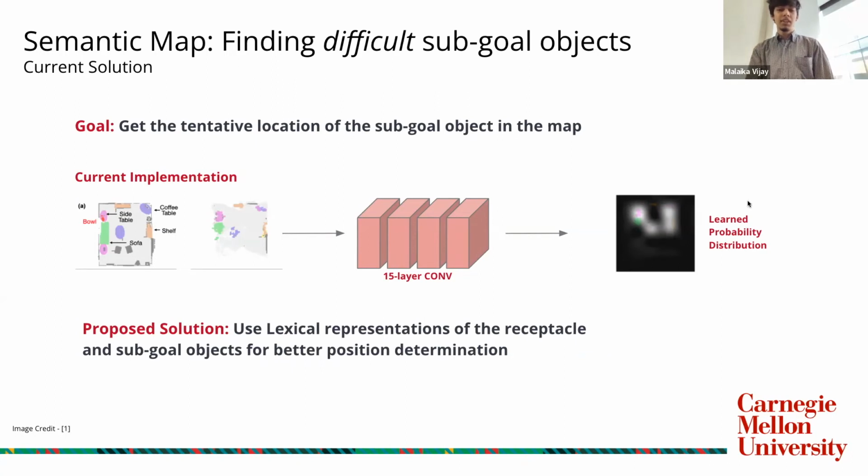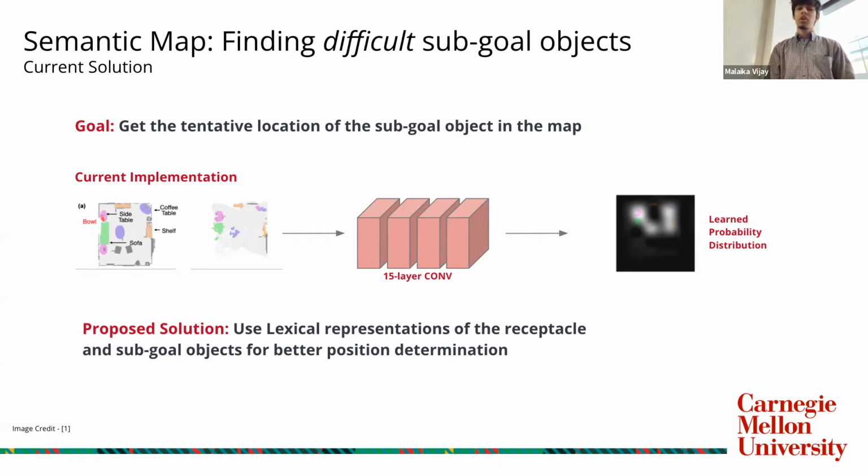There are multiple reasons for the failure of FILM in this particular case. First of all, many sub-goal objects within ALFRED are very small and may not be captured during the actual semantic map generation. Some objects may be occluded within cabinets or inside the fridge, or the angle of viewing of the bot may be suboptimal to actually capture these.